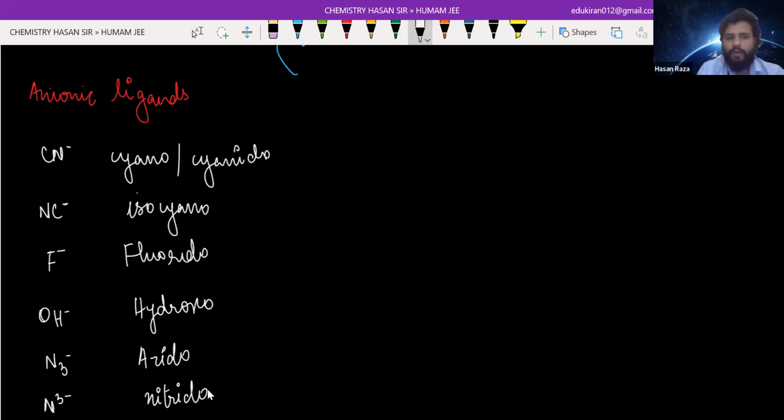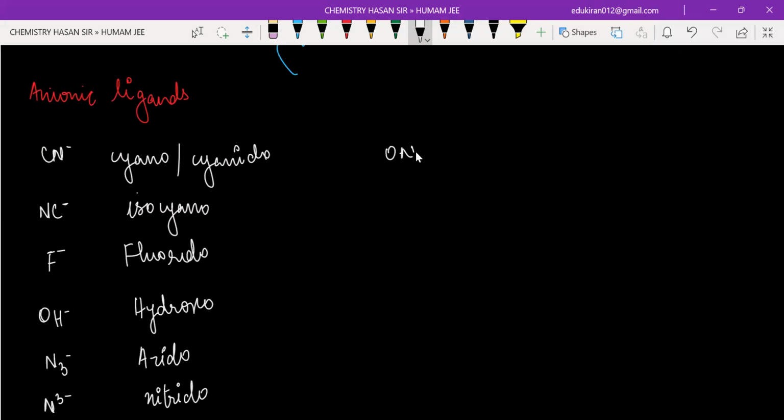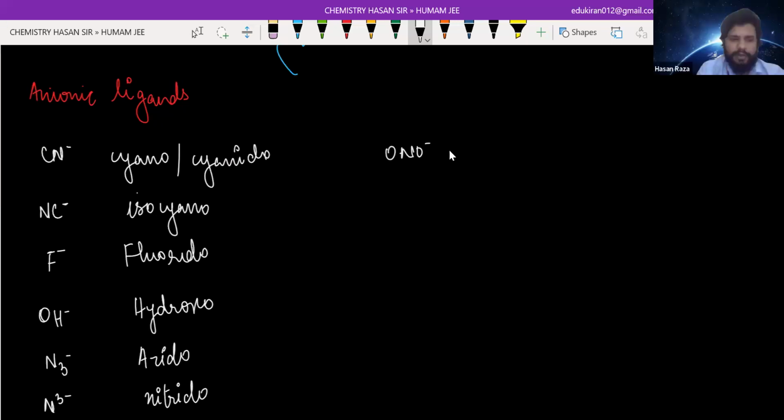The name ends with O. ONO minus, its name is nitrito-O, because this representation means it is an ambidentate ligand, O donated. NO2 minus, the name is nitrito, but here donation is from N, so we write nitrito-N.